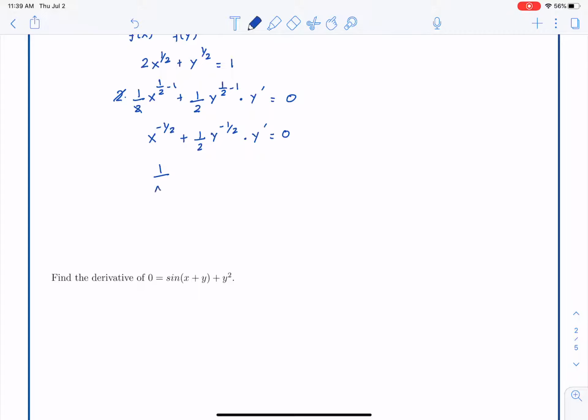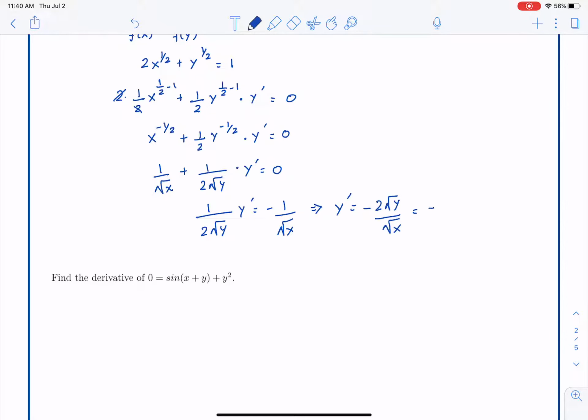Which would mean 1 over root x plus 1 over 2 root y, times y prime would equal 0. 1 over 2 root y multiplied by y prime is negative 1 over root x. Multiply both sides by 2 times root y, we would have y prime equals negative 2 root y divided by root x.